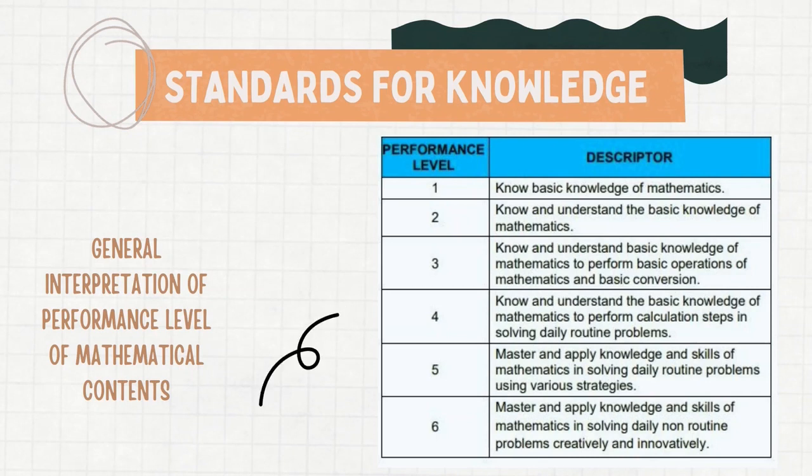After mastering these 3 levels, students will analyze the particular mathematical content by performing calculation steps in solving daily routine problems. And that is what level 4 states: students are required to know and understand the basic knowledge of mathematics to perform calculation steps in solving daily routine problems.